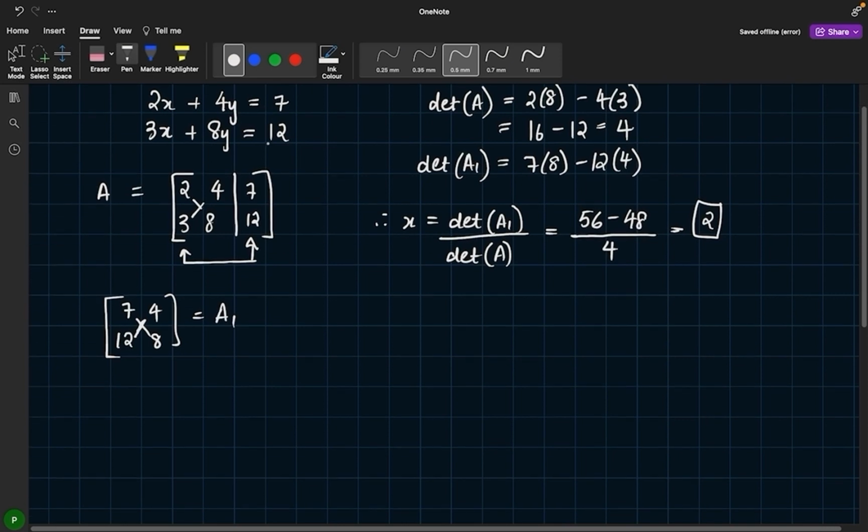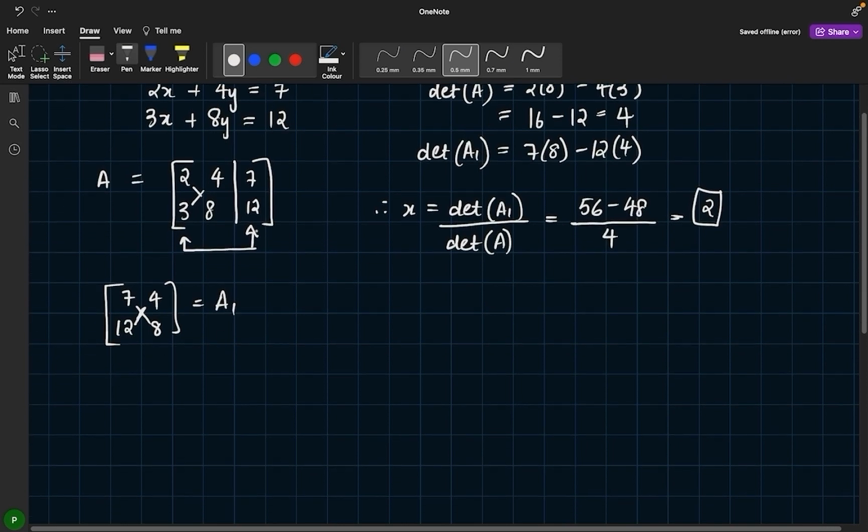Now, from here, you could just solve y by substituting 2 into x and then rearranging for y. But for good measure, let's take the resultant column and replace it with the second column. So again, 2, 3, 7, 12. And this is going to be A2. What is the determinant of A2? Well, it's 12 times 2 minus 7 times 3.